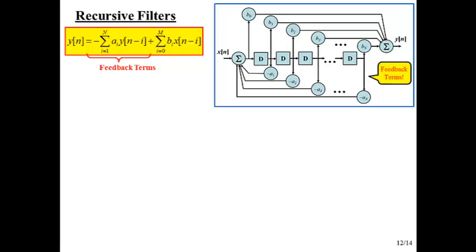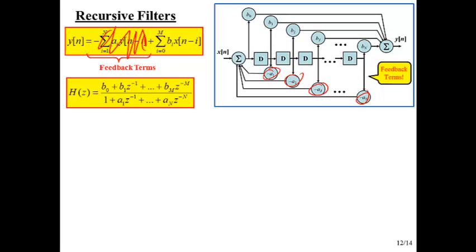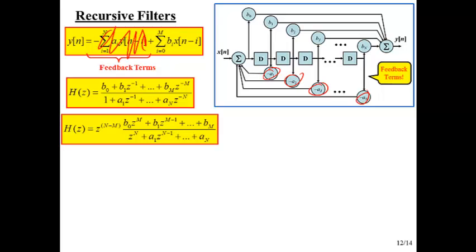We've already seen a picture for the block diagram for a general difference equation, and since the general difference equation does have feedback in it, that would correspond to the recursive filter. And so we have all of these components here contributing those feedback terms. Now if we were to set all of those coefficients to 0 to make this term go away, we're left with a non-recursive filter, and we'll take a look at that in just a little bit.